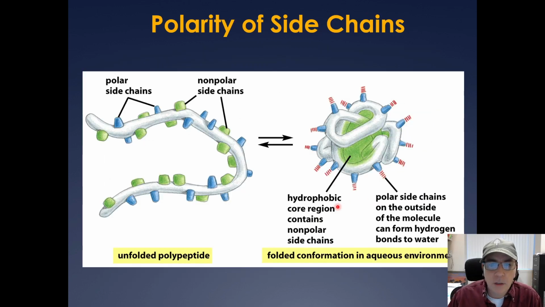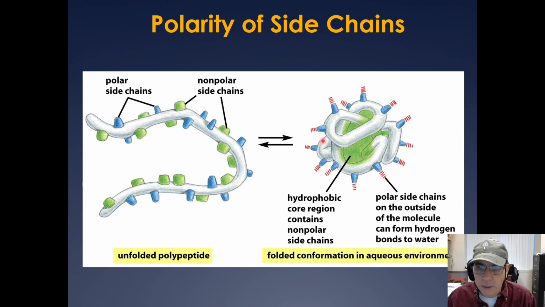And if you want to look at it in its most simplified form, if this was a polypeptide over here with polar and non-polar side chains, the protein is going to fold in such a way that all of the hydrophobic non-polar side chains are packaged in the middle, whereas the polar side chains would be on the outside.